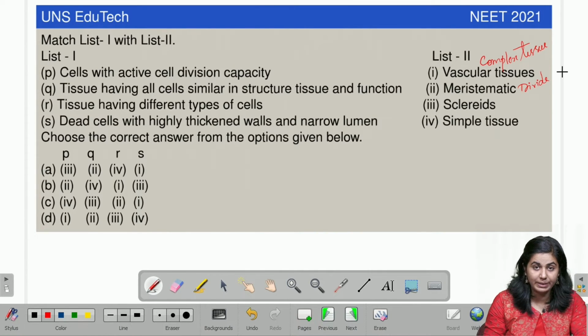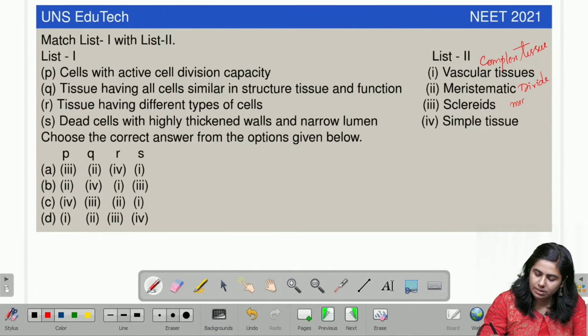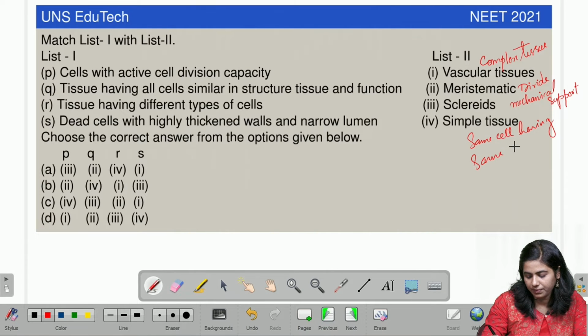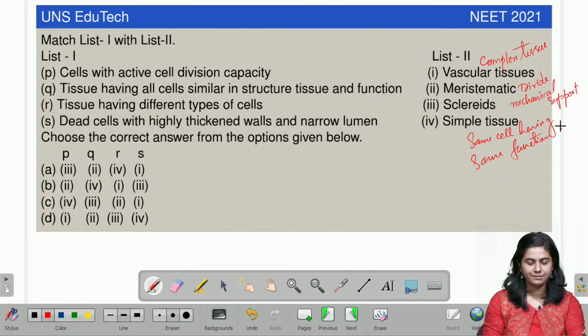Sclereids are a reduced form of sclerenchyma and they give mechanical support to the plant. And finally simple tissues are a group of same cells having the same function, right?